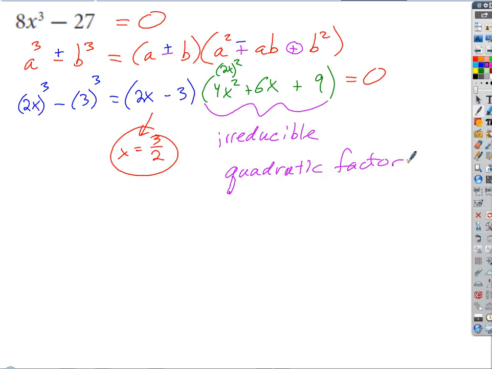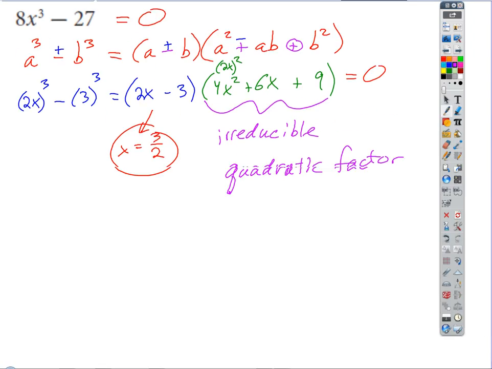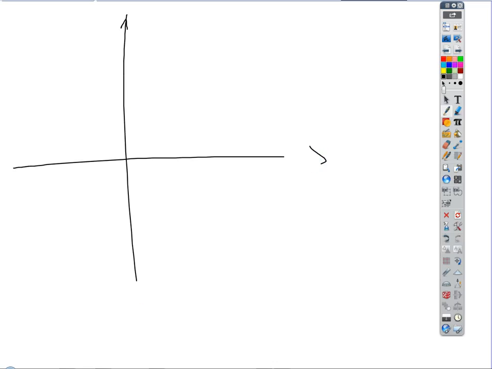If you think about what the graph of a cubic function looks like, think about the different possibilities. Cubic functions can either have 2 turning points or no turning points, right? We could have a cubic function that does something like this, which either comes down and crosses or maybe doesn't cross, but there are 2 distinct turning points here.